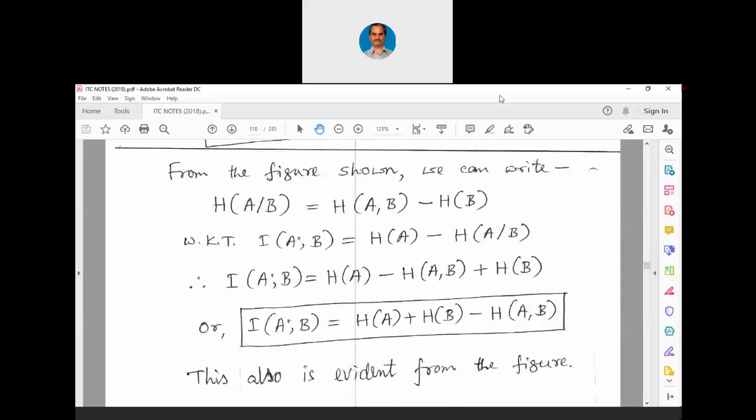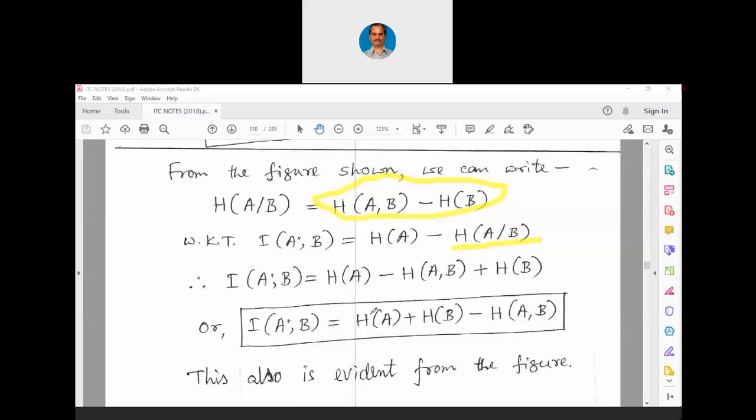Let me annotate. So, whatever is this term, that is substituted for this term now. So, now we have mutual information equals H of A minus H of A comma B plus H of B, or mutual information equals H of A plus H of B minus H of A comma B. This also is evident from the figure.